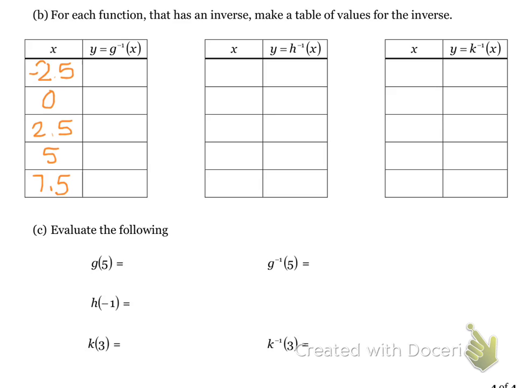And those corresponding output values are -5, 0, 5, 10, and 15. And I got those because those were the input values of the original function g. So now looking at h, well, this is an issue. We just said it doesn't have an inverse, so I can't make this table because the inverse does not exist. So it can't be done.